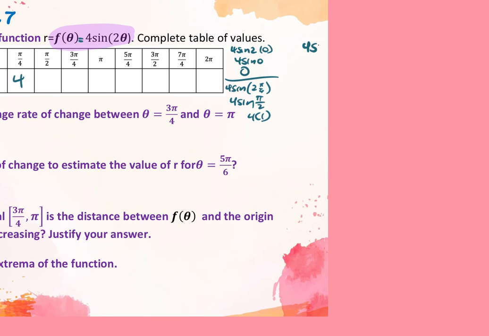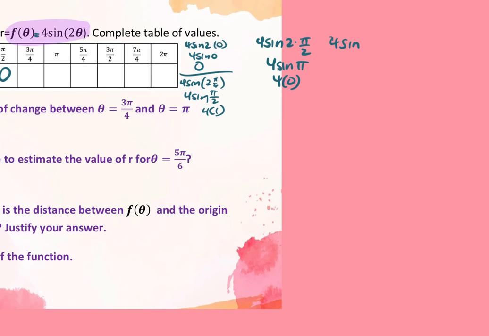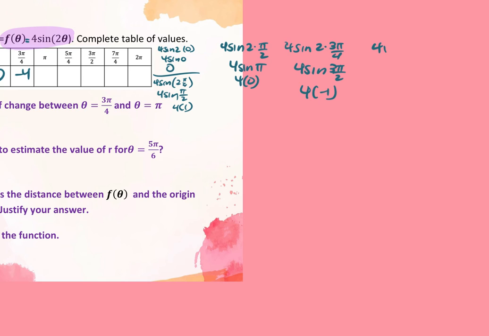And 4 sine 2 times pi over 2 is 4 sine pi, which is 0. And 4 sine 2 times 3 pi over 4 is 4 sine 3 pi over 2, and that's negative 1, so that's negative 4. There's a pattern forming here.